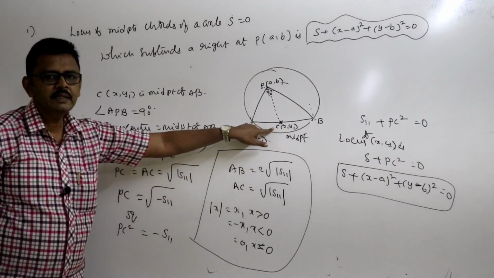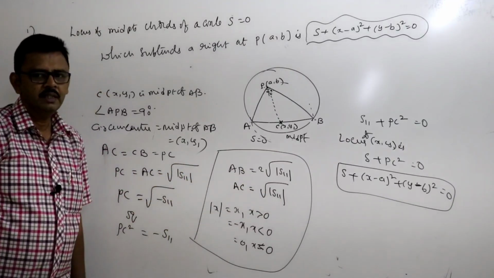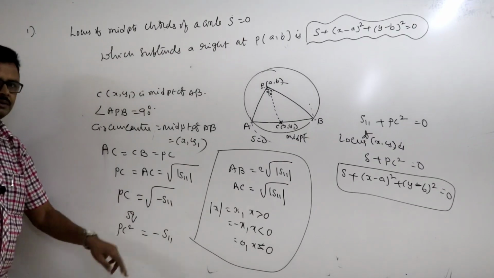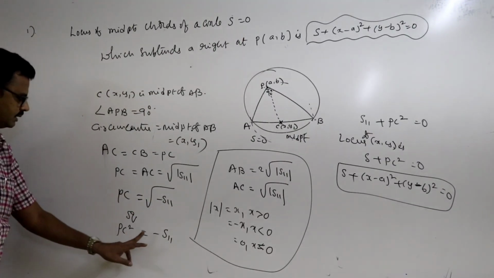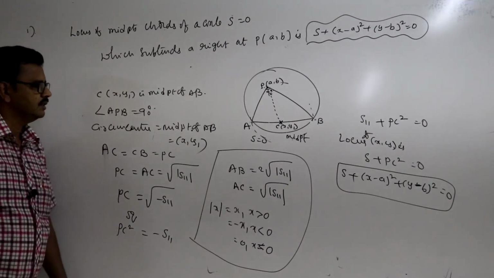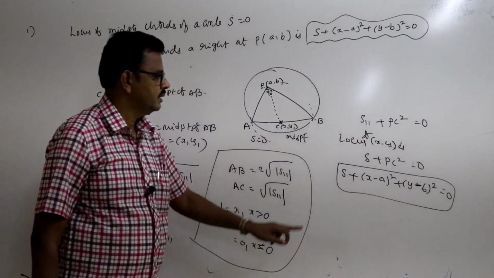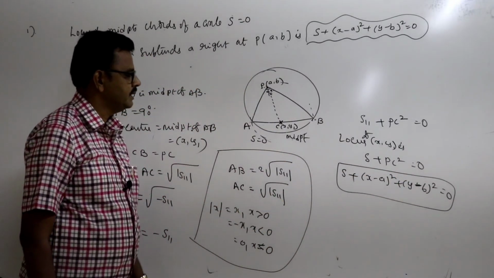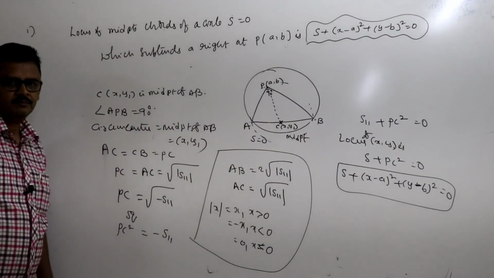Since the point lies inside the circle, S11 is negative. Therefore it is root of minus S11. PC square equal to minus S11. Therefore S11 plus PC square equal to 0. Therefore the locus is S plus PC square equal to 0. S plus PC square means the distance between the two points.